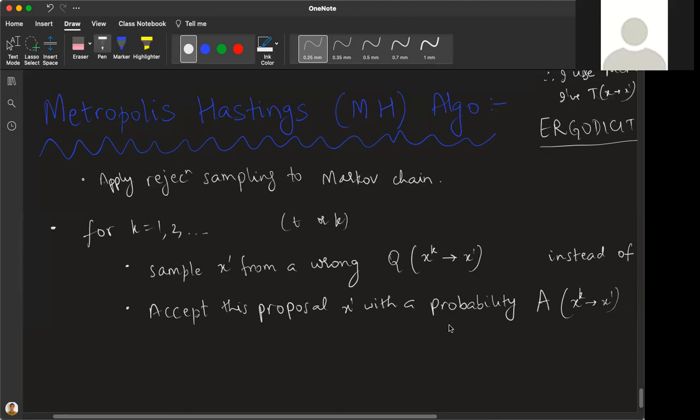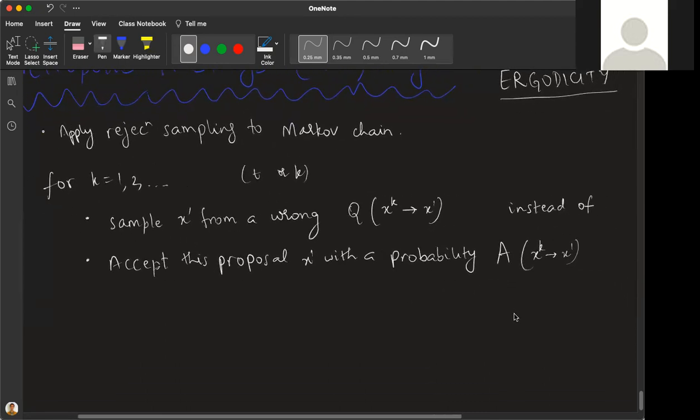If you throw a uniform random value generator, and if it is below that number, you accept.